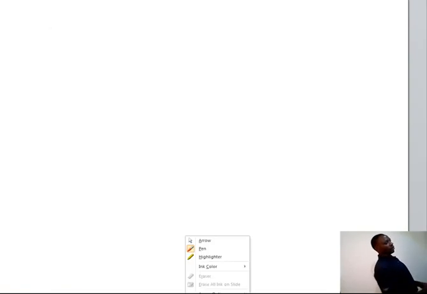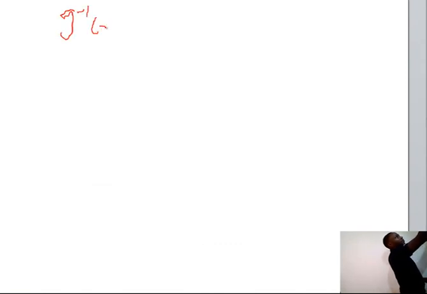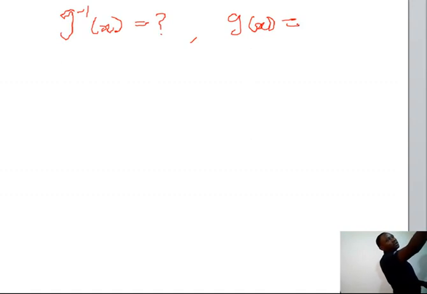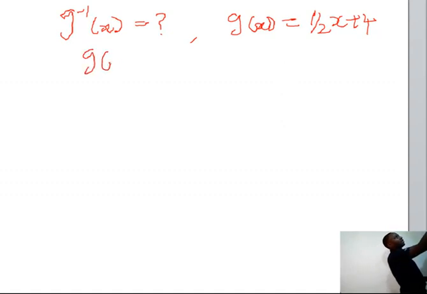Now, in order for us to calculate g inverse of x, we are going to follow the same procedure. Recall that g of x is given as 1 over 2x plus 4. If you are going to invert this, just represent everywhere you see g of x with y.